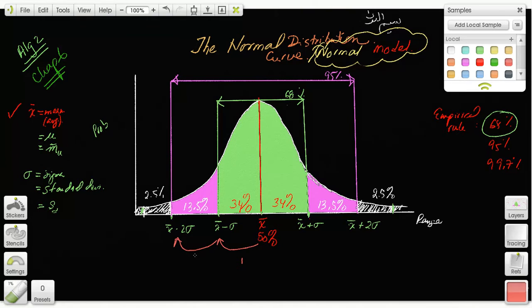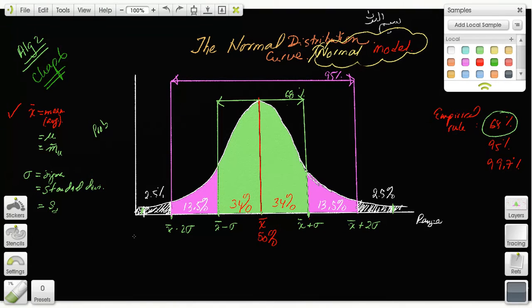From here to here is 1 standard deviation, from here to here is 1 standard deviation, and so on. We only went 2 standard deviations, or you could go another standard deviation. That would be 3 standard deviations on each side of the mean, and that would capture 99.7% of the data. So we're chopping up the normal distribution in pieces, each being 1 standard deviation in width.